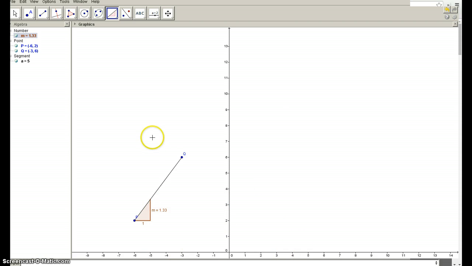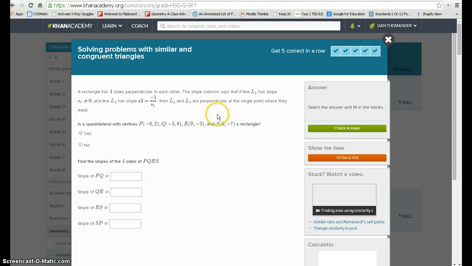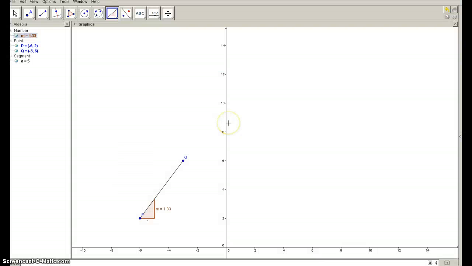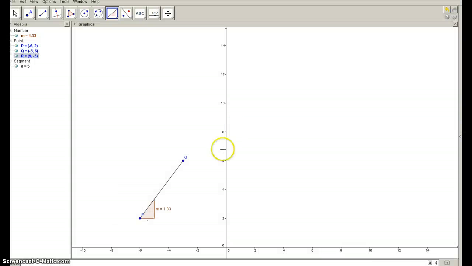Okay, so now I'm going to put the rest of the coordinates in from this problem. R is at 9,-3, so capital R equals 9,-3. I have to make that equals, not plus. And S is at 6,-7, so capital S equals ordered pair 6,-7. Enter.